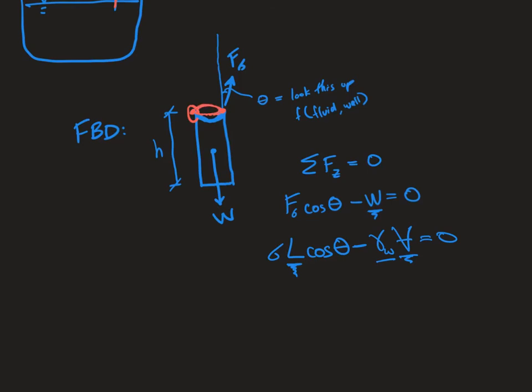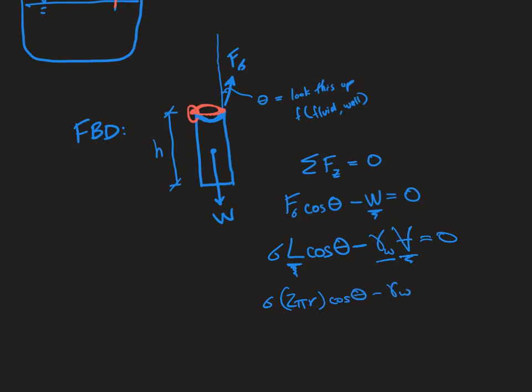Everywhere where the water is in contact with the wall, that's the length that matters. That's the length where the surface tension is acting. So in this case it is the circumference of the circle, 2 pi r, sigma cosine theta, minus sigma water.